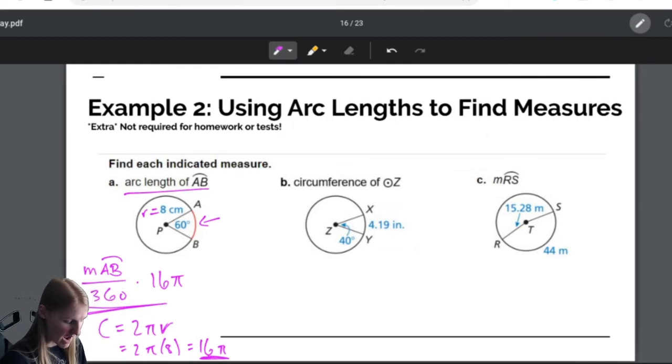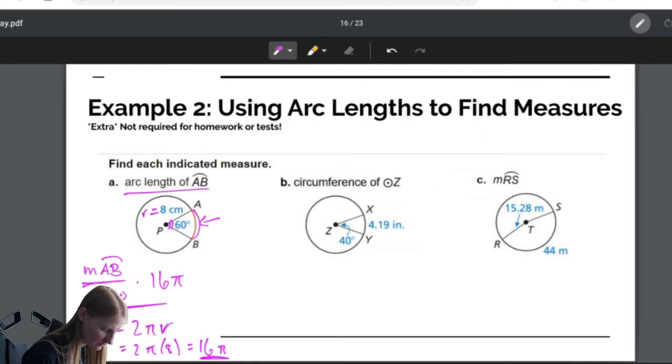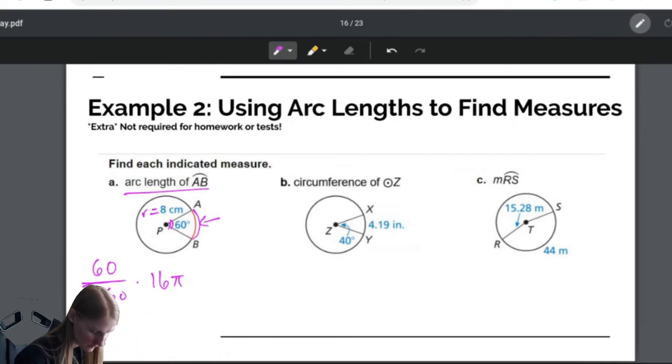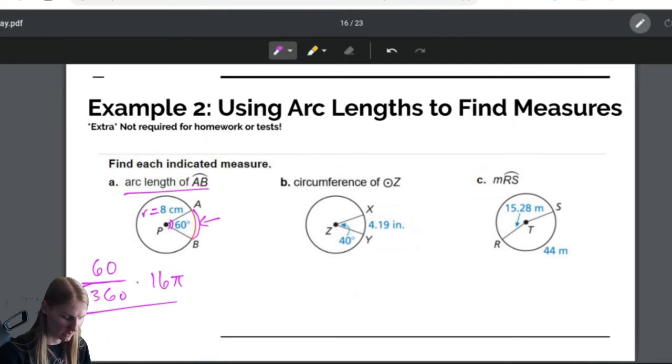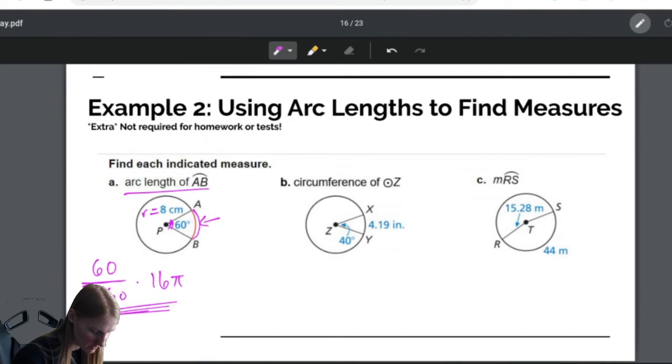Now we need the measure of AB. Remember that the measure of the arc AB is the same as that central angle. So the measure of AB is 60. It's not the finished final answer, but here's our arc length. You take the measure of the angle over 360 and multiply it by the circumference.